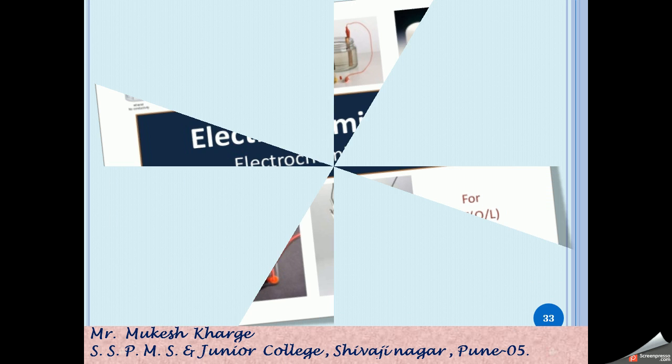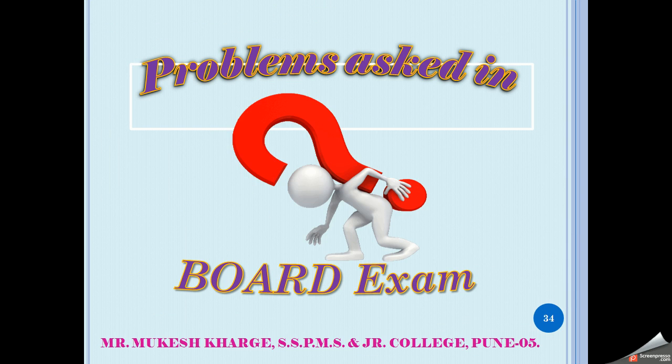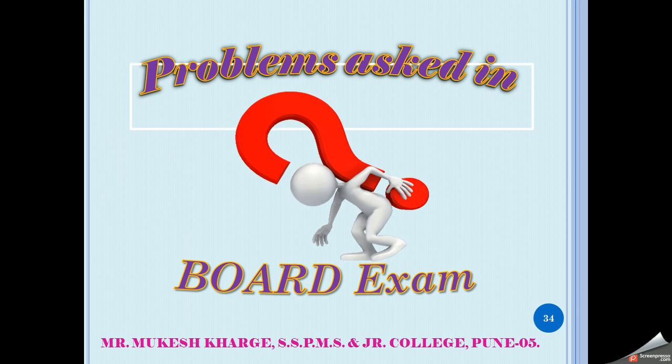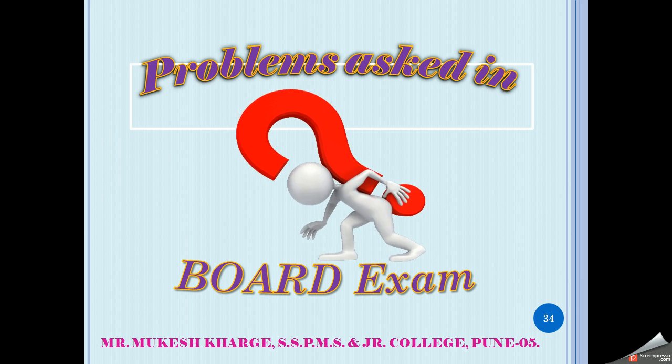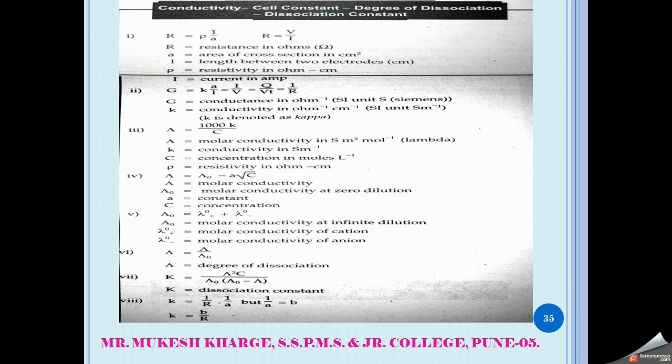Our topic is electrochemistry. Let us discuss part number 7. Our subunit is problems asked in board exam. These are some formulas you must know while solving the numericals based on this topic.